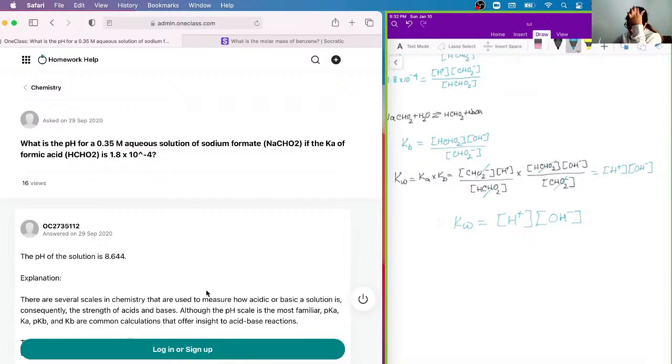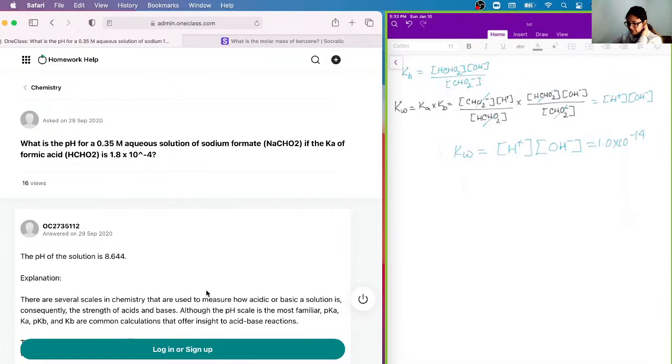And so it is known that the product of the concentration of your hydrogen ions and your hydroxide ions in any solution is equal to 1.0 times 10 to the power negative 14. Okay. And so knowing this, we can now find the Kb value, your base dissociation constant.